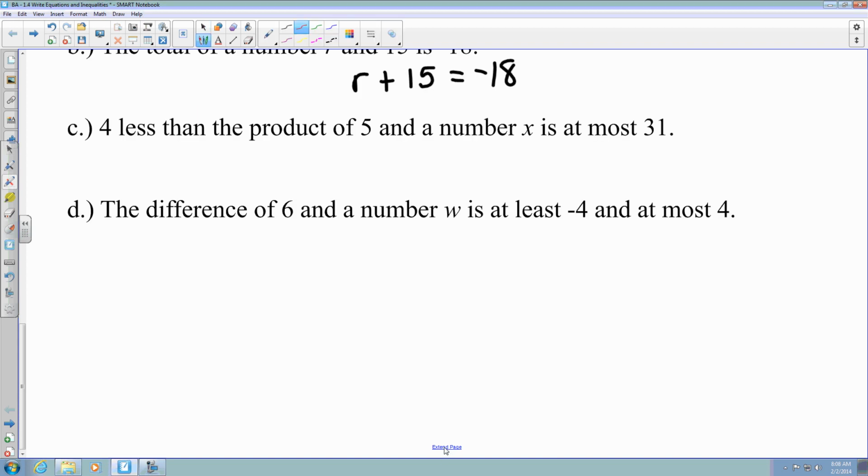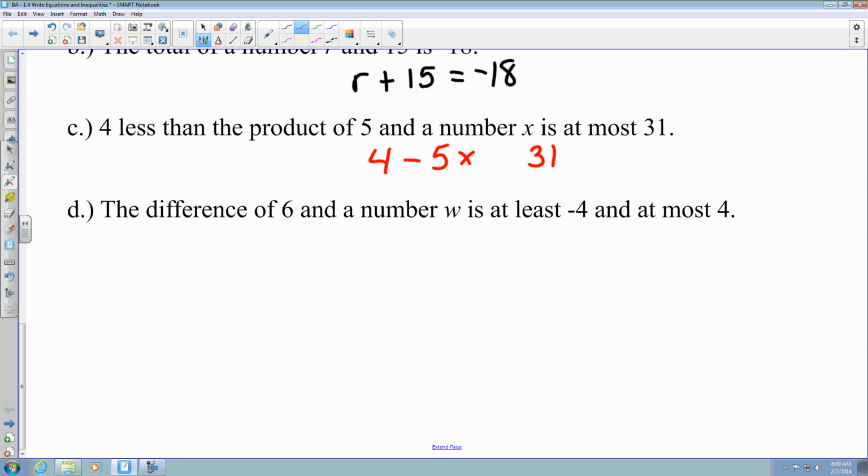So for C, it says 4 less than the product of 5 and the number X is at most 31. So I go 4 less than, so that's subtraction. The product of is multiplication, so it's going to be 5 times X, and it's going to be at most 31.